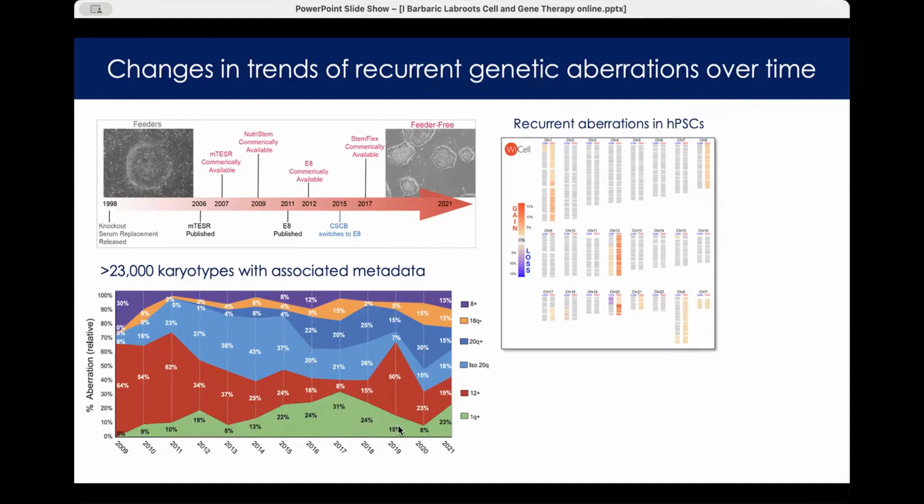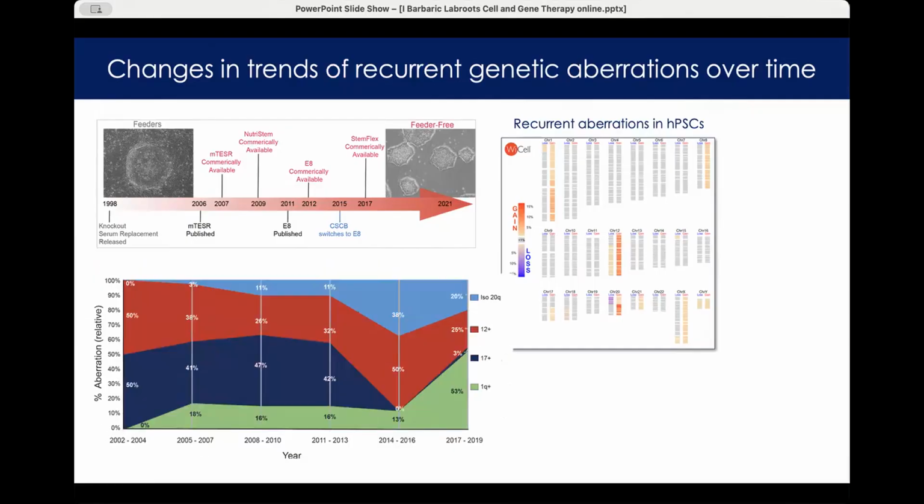But in more recent years, the situation is entirely changed, because nowadays trisomy 12 is not as prevalent anymore, and instead we have many more aberrations involving gains of chromosome 20q, either 20q CNV or isochromosome 20q. Chromosome 1q gain, which was not very common in the early years of hPSC culturing, is now one of the most common aberrations.